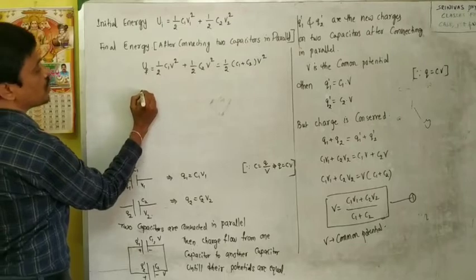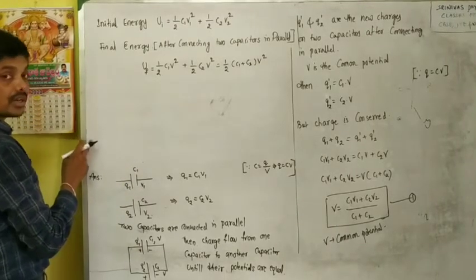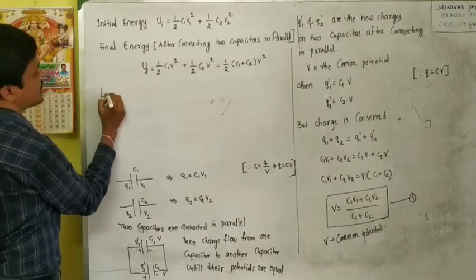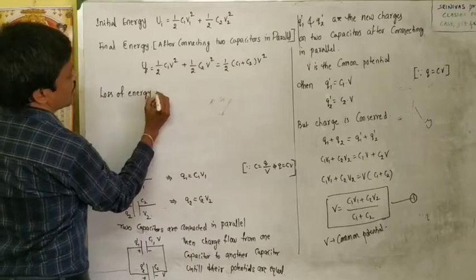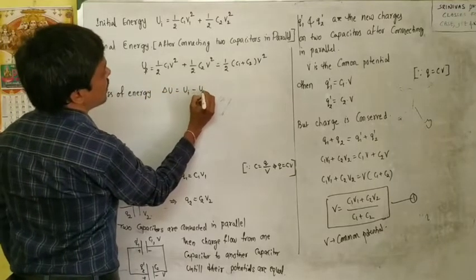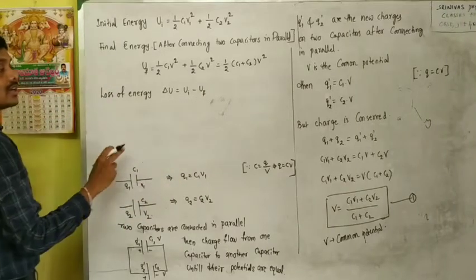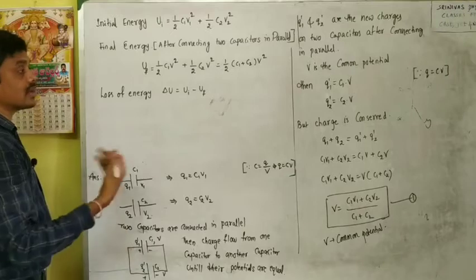And now UF is known. We want to find the loss of energy. Loss of energy is delta U. It is equal to initial energy minus final energy. Initially large energy is there, and after connecting them in parallel some energy loss occurs.